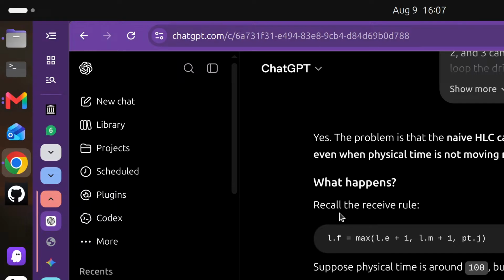Recall the receive rule: we have the event at the receiving node, the message event timestamp of the send event, and the physical time at that particular node j.